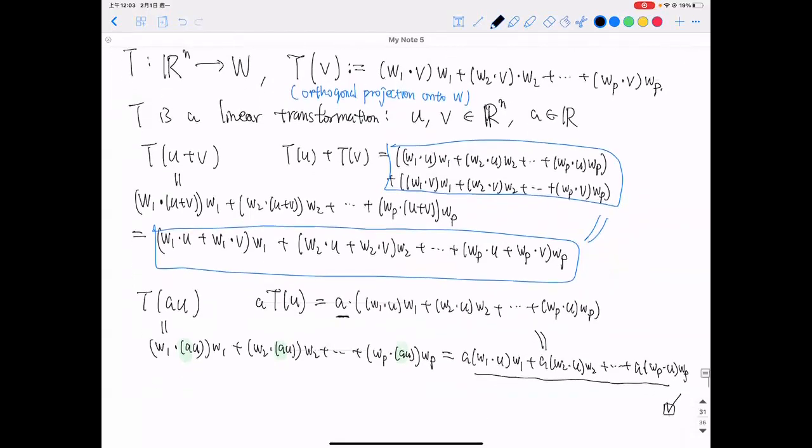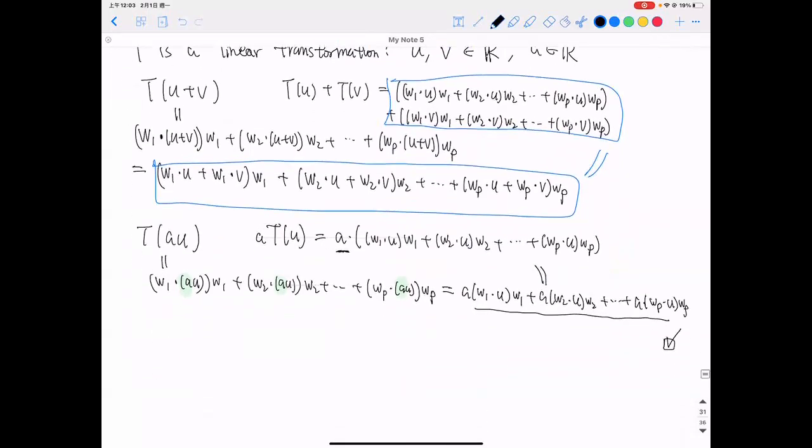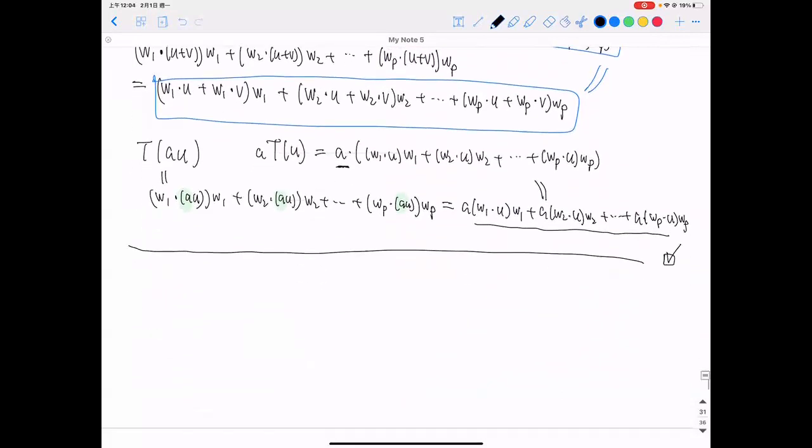Now, having seen all these examples, let's move on to do some general discussion. Let's suppose T going from V to W is a linear transformation.